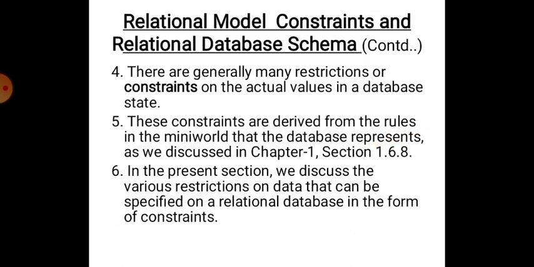Fourth, there are generally many restrictions or constraints on the actual values in a database state. Point number 5. These constraints are derived from the rules in the mini world that the database represents, as we discussed in chapter 1 in section 1.6.8.